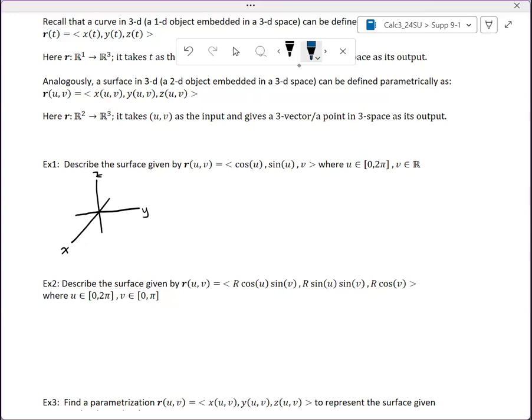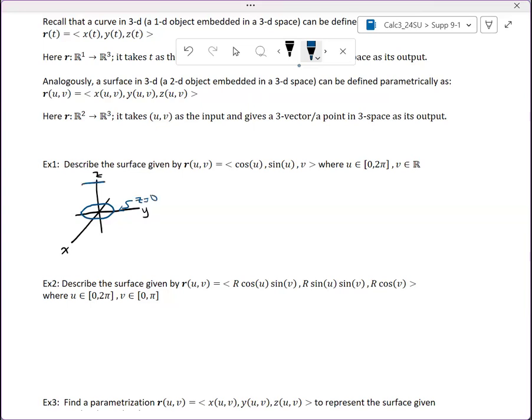So if I take, for instance, v equals 0, that sets z equal to 0. And then I just have x and y, or cos u and sine u, just a circle in the xy plane. So this would be like z equals 0.